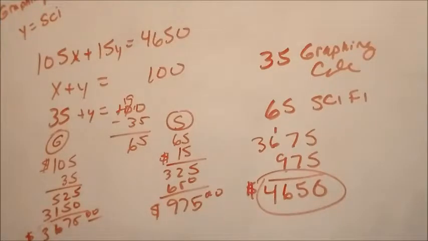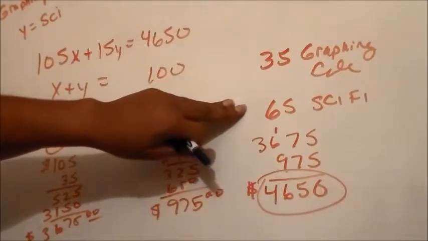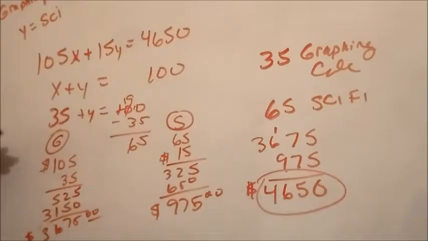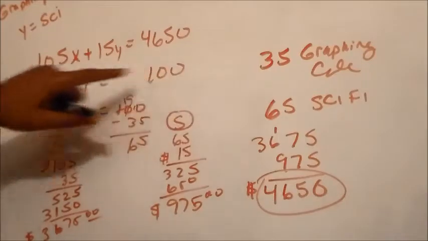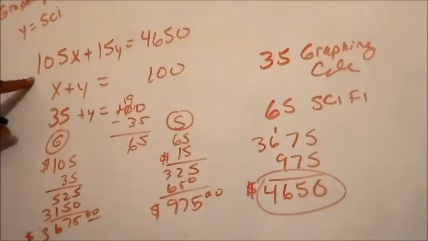Looks like we got our answer. We purchased 35 graphing calculators at $105 each, and 65 scientific calculators at $15 each.